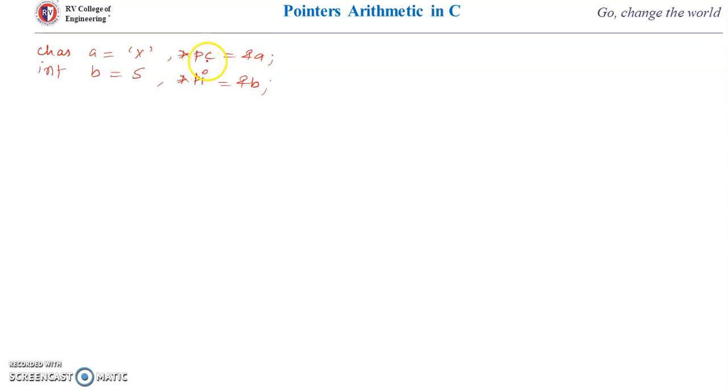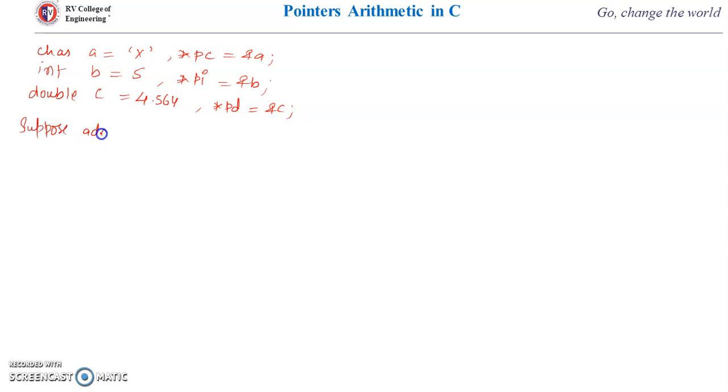So pc is a character pointer and pi is an integer pointer. Then we have another variable c of double type with the value 4.564, and a pointer variable pd having the address of c.